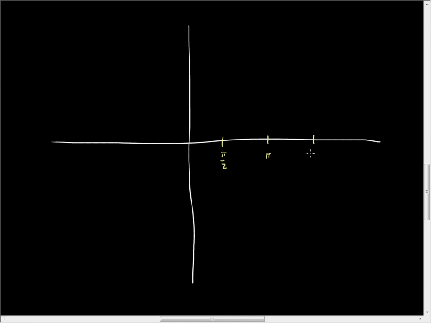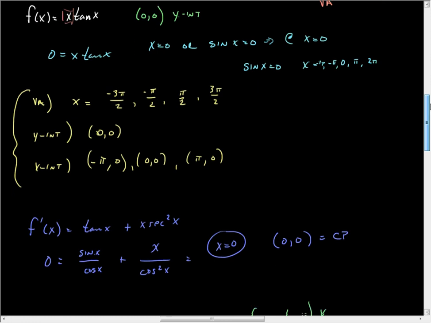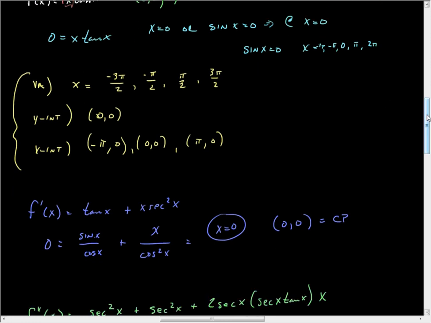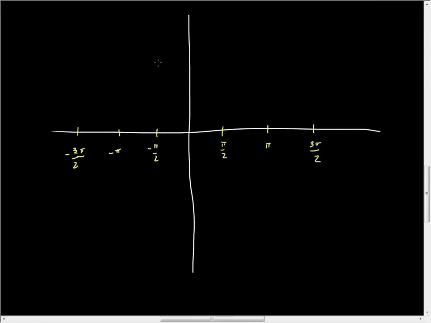And now I go backwards the other way, and I've got negative pi over 2, negative pi, and negative 3 pi over 2. Okay, and so let's go ahead and put in our vertical asymptotes. And we had vertical asymptotes at the odd numbers.